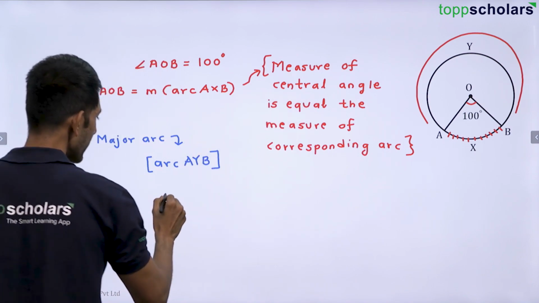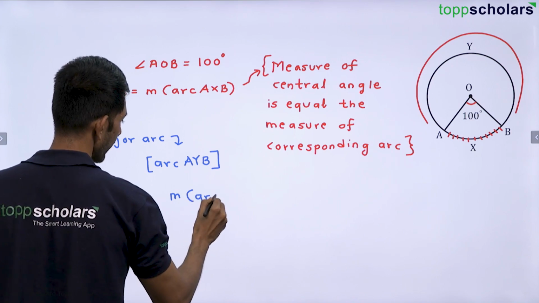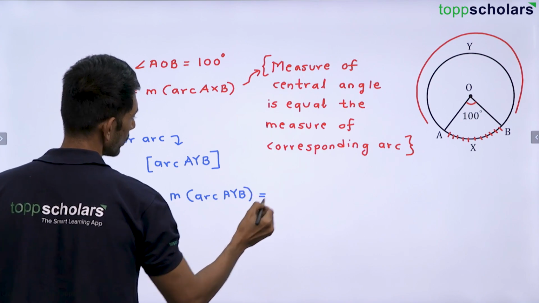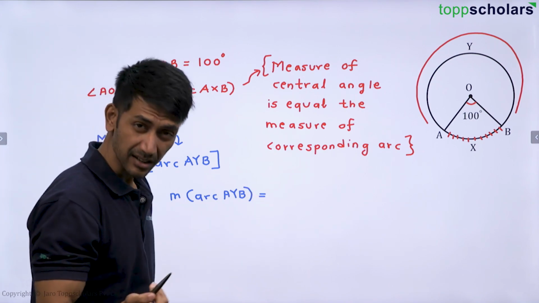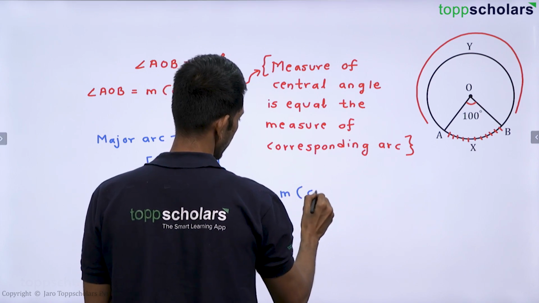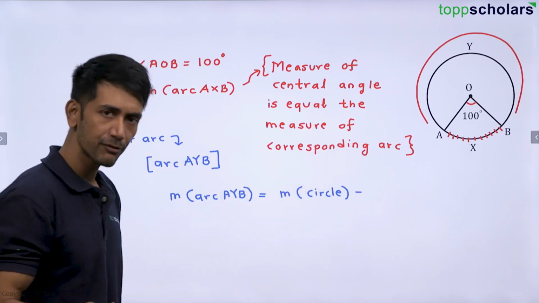And the measure of the major arc, the measure of arc AYB, will be equal to the measure of the entire circle minus the measure of minor arc.